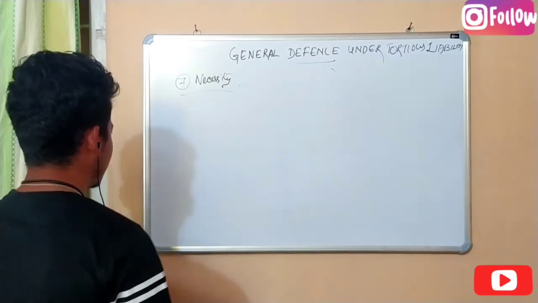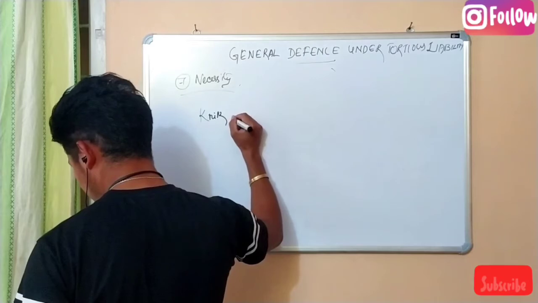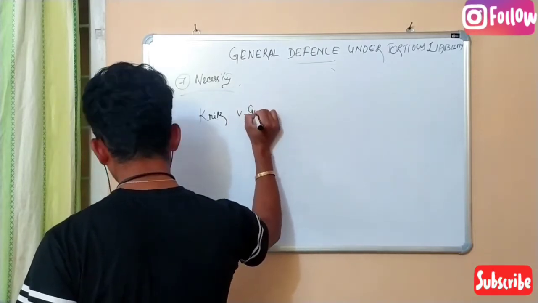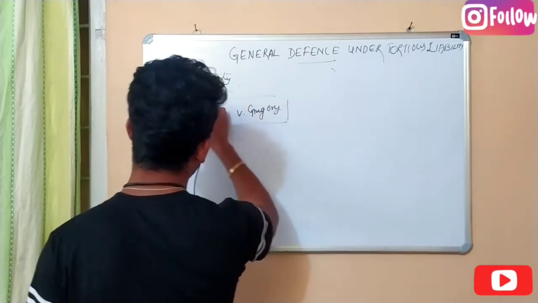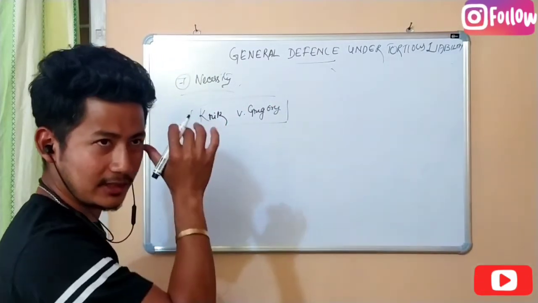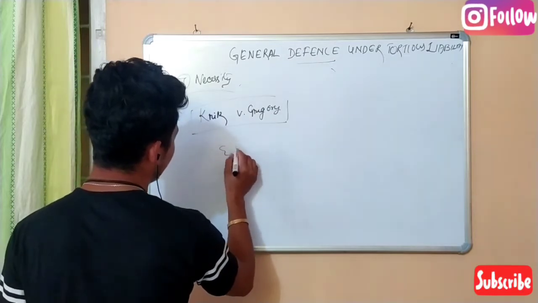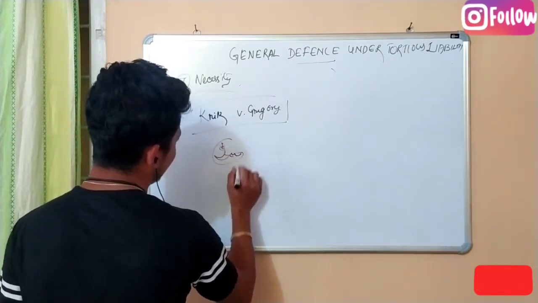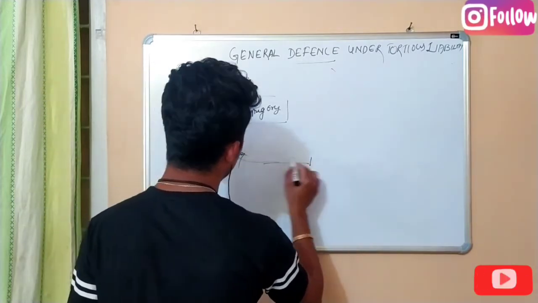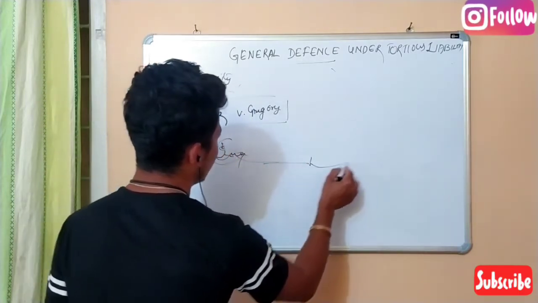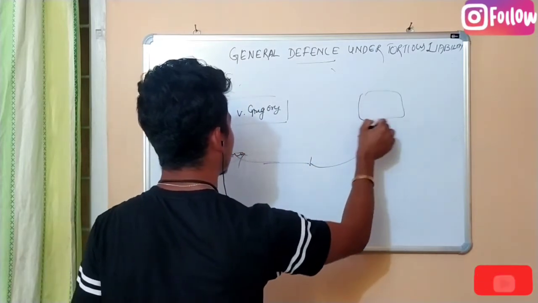So there is one case, okay, Crick versus Gregory. What happened in this case? There was a lady who died, okay, and what happened? All the jewelry of the lady was removed from the place of death, and the defendant kept the jewelry in another room.